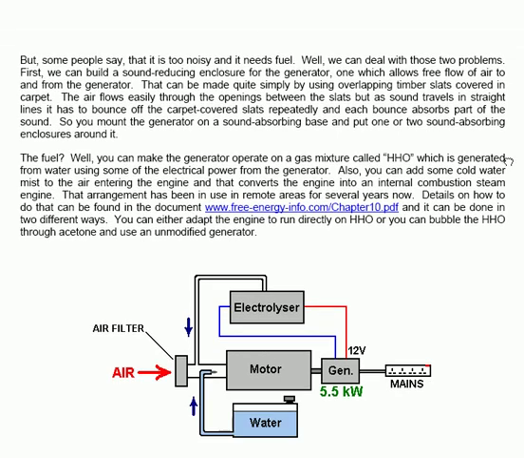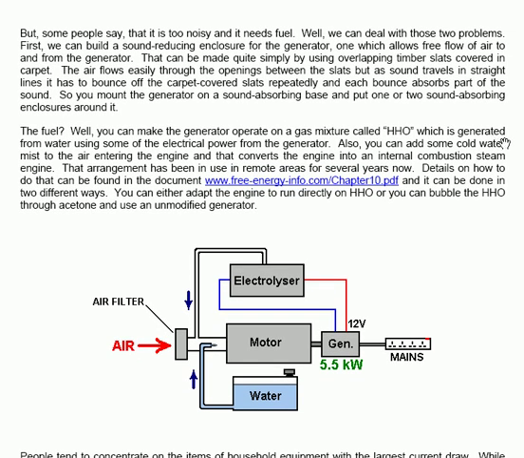The air flows easily through the openings between the slats, but as sound travels in straight lines, it has to bounce off the carpet covered slats repeatedly, and each bounce absorbs part of the sound. So you mount the generator on a sound absorbing base and put one or two sound absorbing enclosures around it.